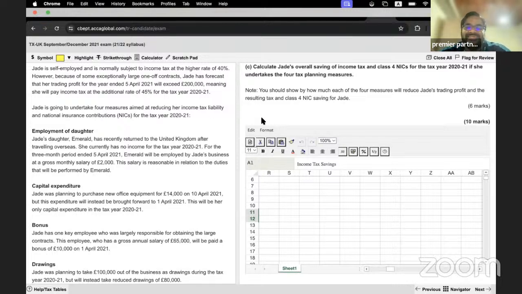Profit will not be affected by drawings. Yes, I agree. This is a cash drawing, right? They are not referring to taking out goods from the business. It's a cash drawing that we are referring to.